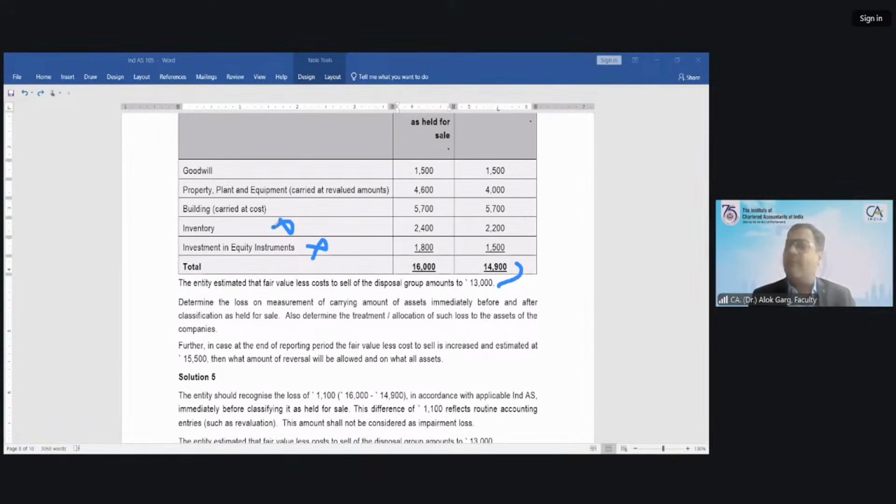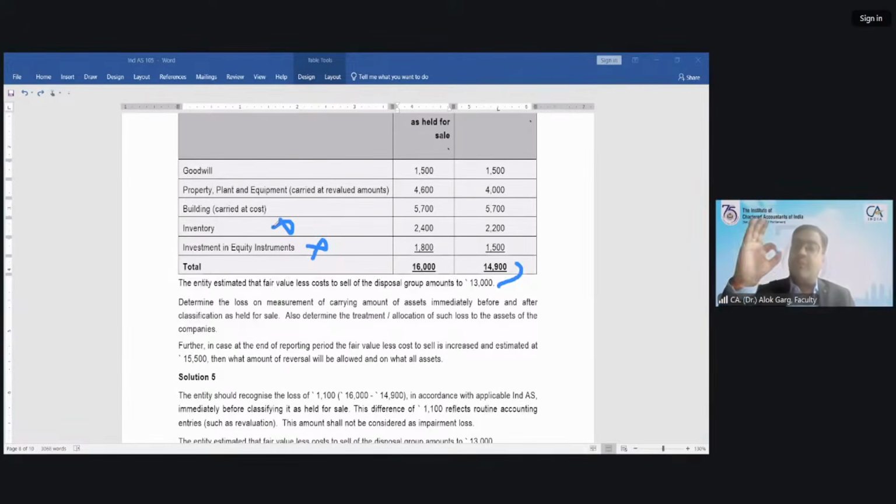And what does it say? It says that whenever there is an impairment loss on a group of assets, on a cash generating unit, on a disposal group, and if the group has goodwill, first of all, allocate the impairment loss to the extent of goodwill, right?